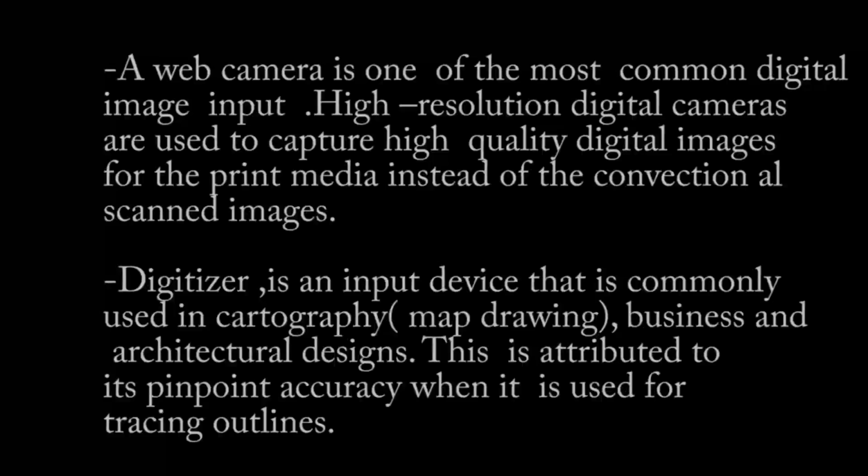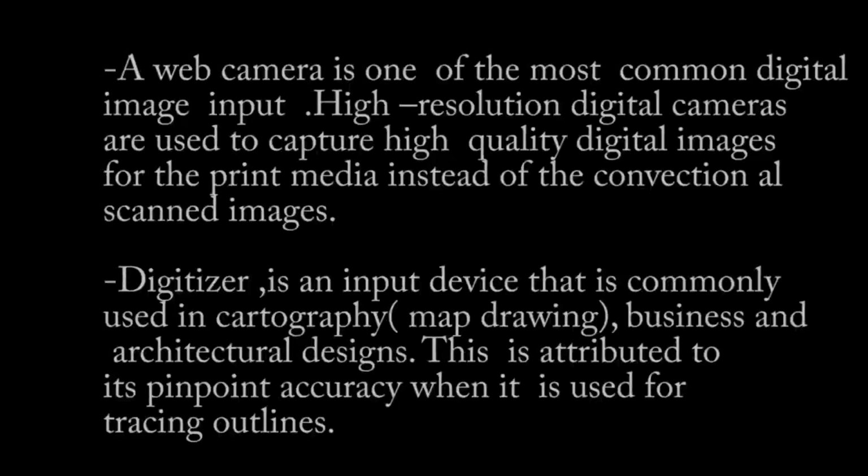That takes us to another, and this one is called the digital camera. A digital camera looks more like the conventional camera. The major difference is that it does not create an image on a film, but instead sends the image to a computer for processing.